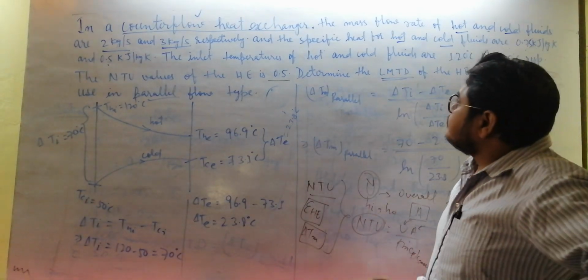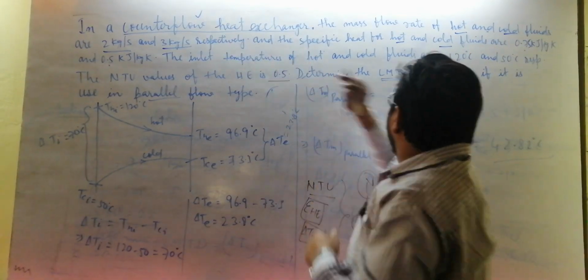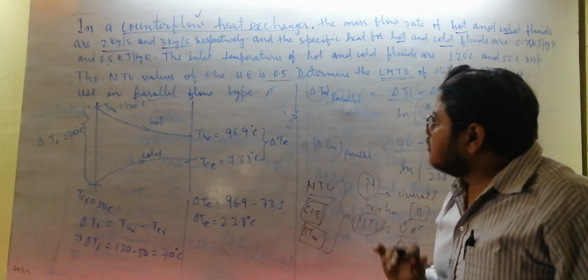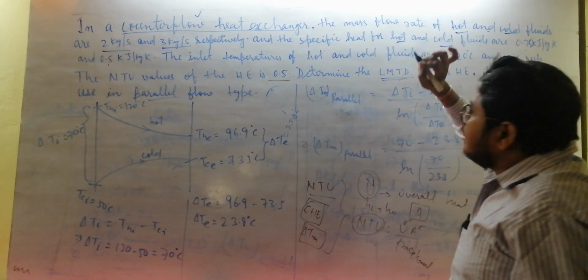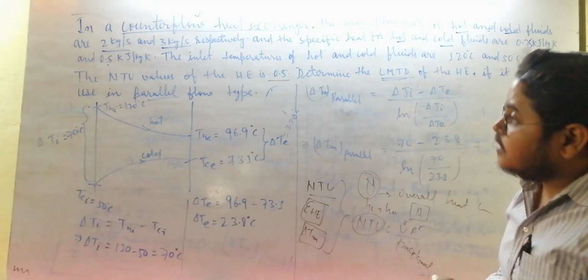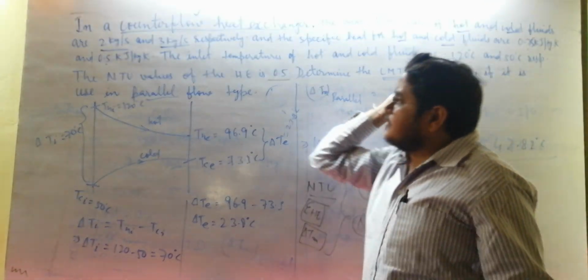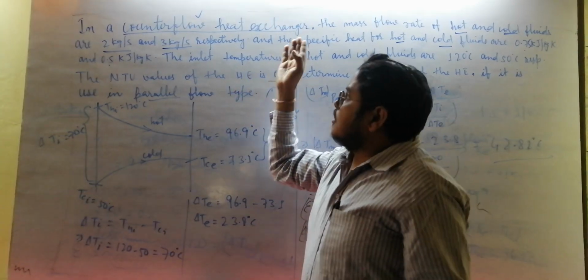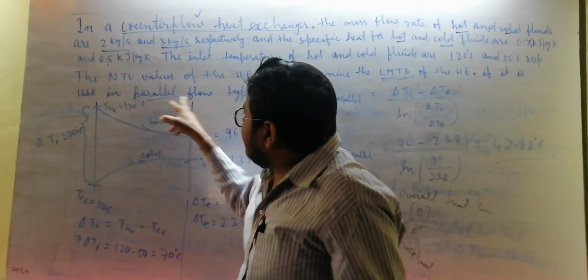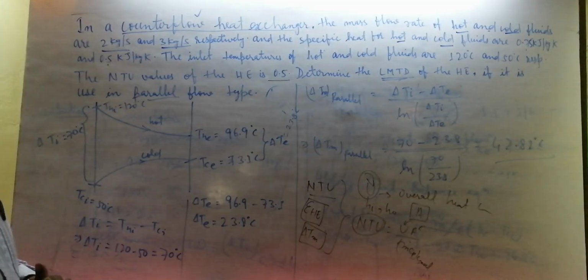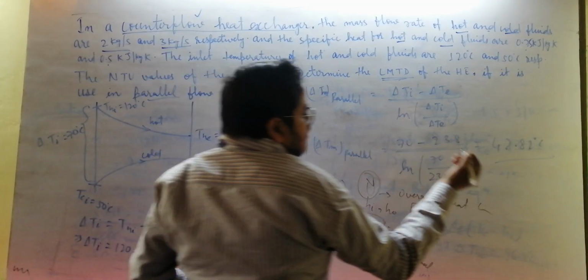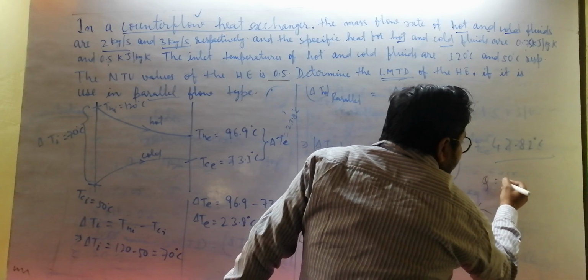Another way: here counter flow is given, parallel flow is asked, this one is one twist. Again he can ask, instead of LMTD, what will be the heat transfer area if this heat exchanger is used in parallel flow type. Then at that time I have to calculate the Q value, rate of heat transfer.